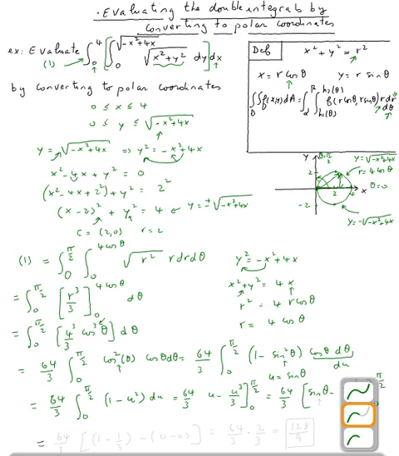Almost done. This will be 64/3. Sine of pi over 2 is 1. Sine of pi over 2 is also 1, so minus 1/3, minus, if you plug in a 0, you get 0, minus 0. 1 minus 1/3 is 2/3, so this will be 64/3 times 2/3, which is 128/9. And that's it for this example.